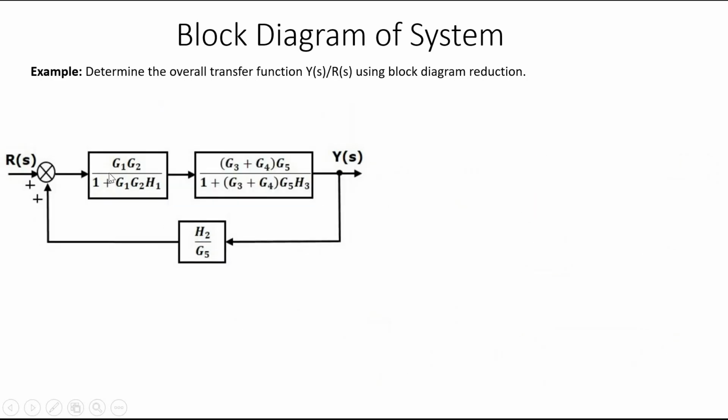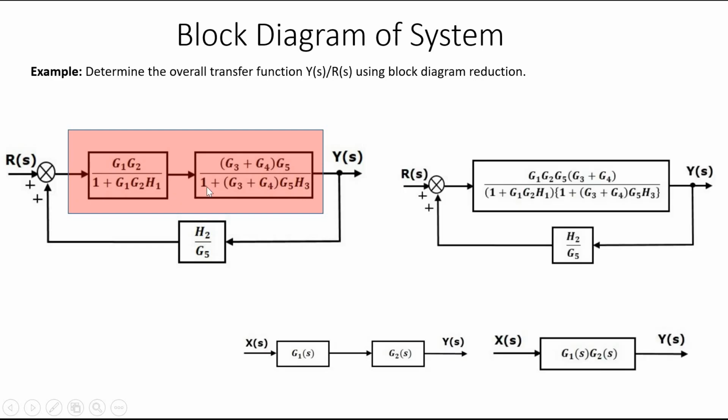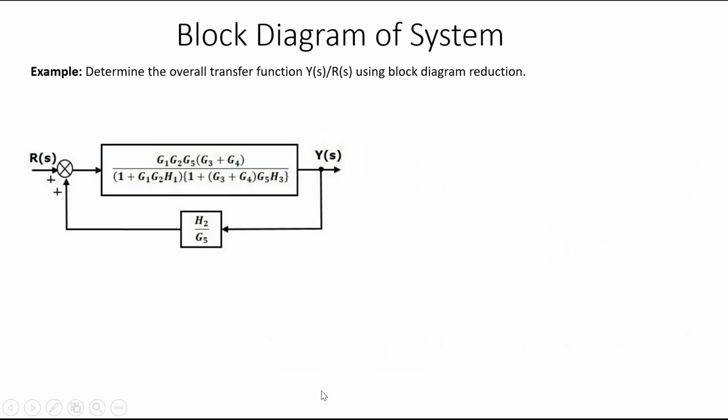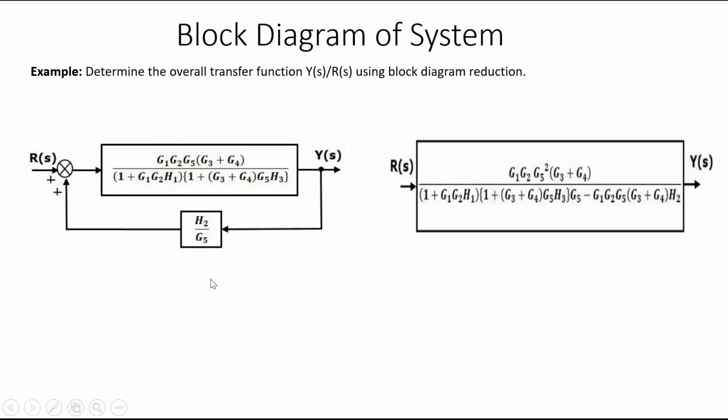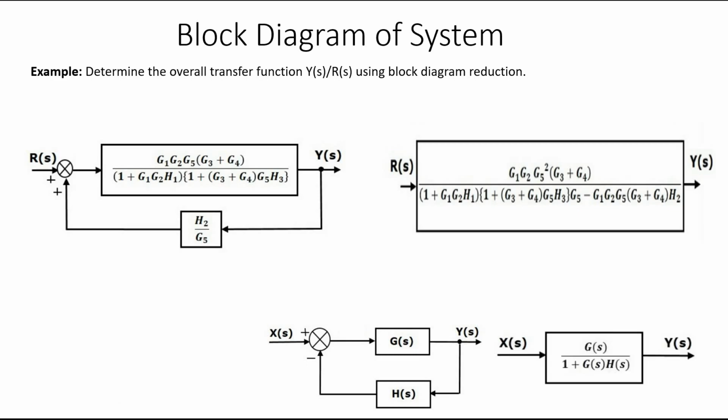Again these two are in series, so we can have a single block by simply multiplying these two, numerator and denominator. So finally it becomes a simple feedback. G(s) is this whole term, and H(s) is this H2 by G5.